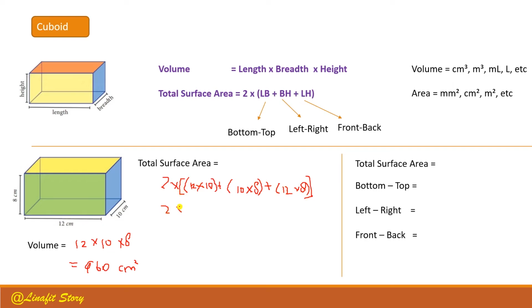So 2 times 120 plus 80 plus 96. 2 times 296 is equal to 592 square cm.